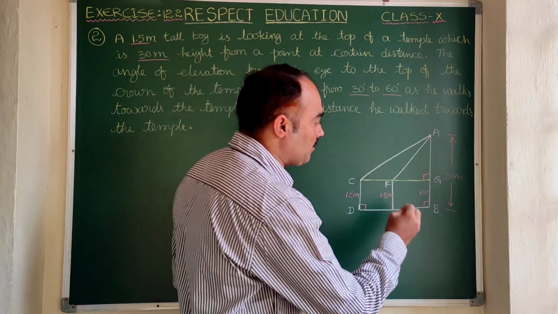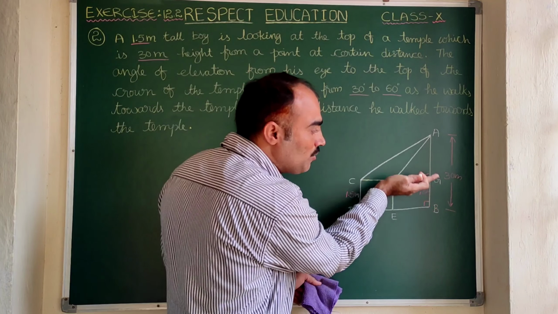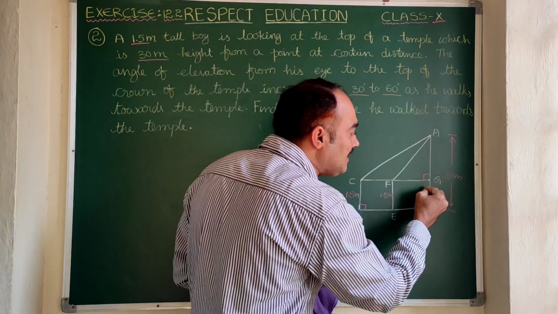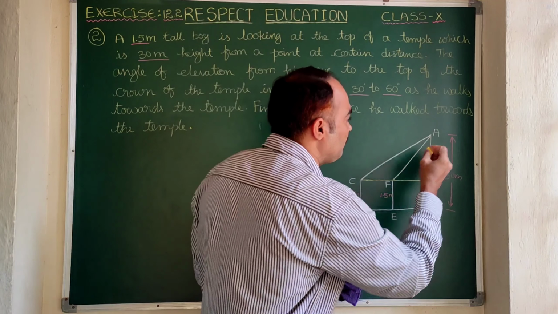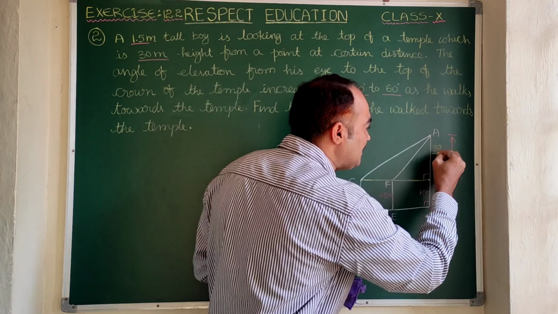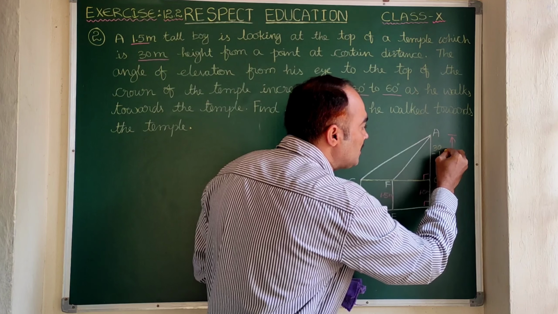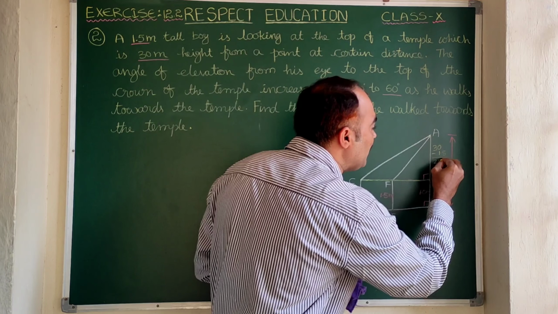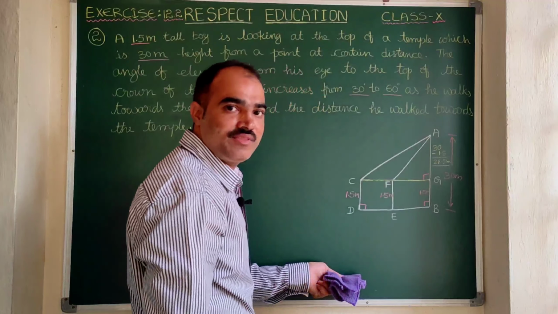For the solving purpose, we have to split this 30 as the height of the boy 1.5 and the remaining height. The remaining height is 30 minus 1.5. Here I am writing 30 minus 1.5. Since the total height is 30, from here to here 1.5 is to be subtracted. So 30 minus 1.5 is 28.5 meters. 28.5 meters. Right.